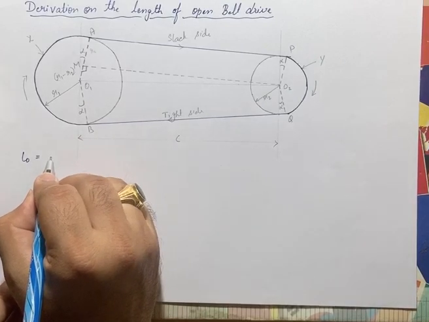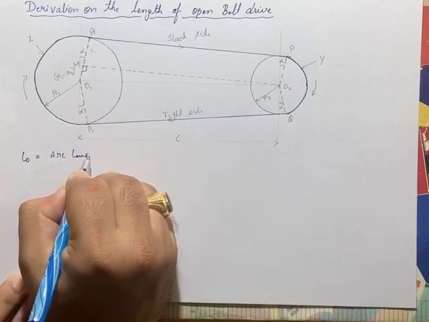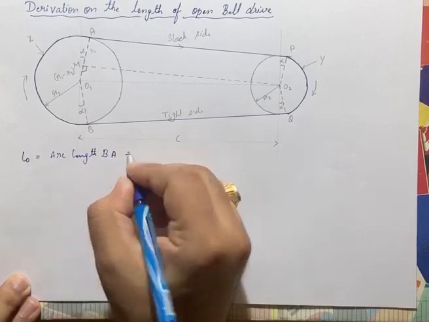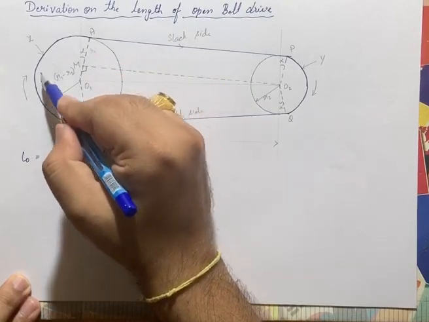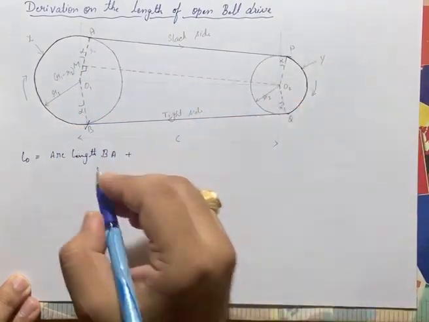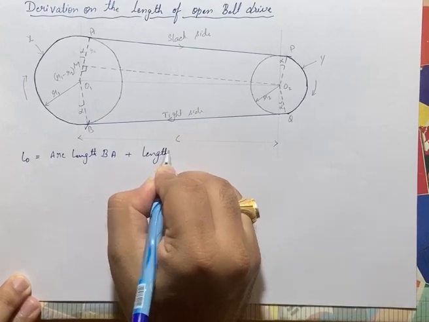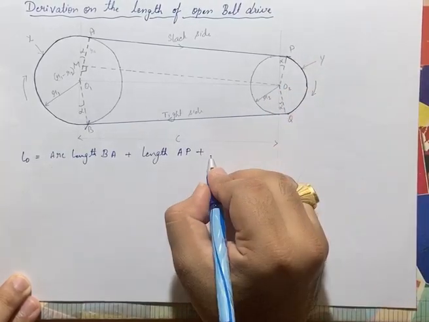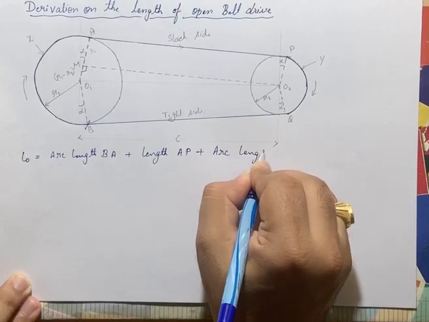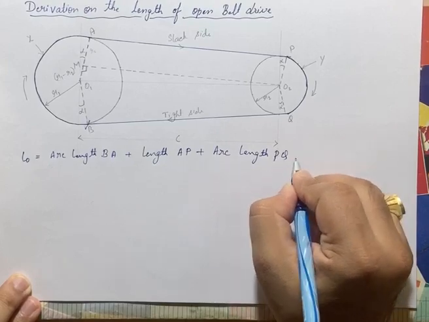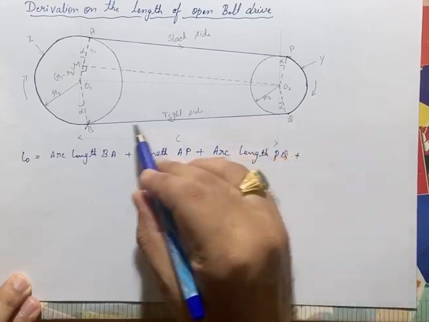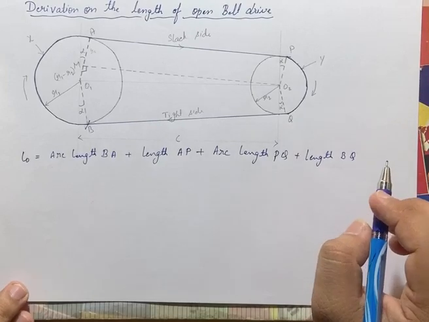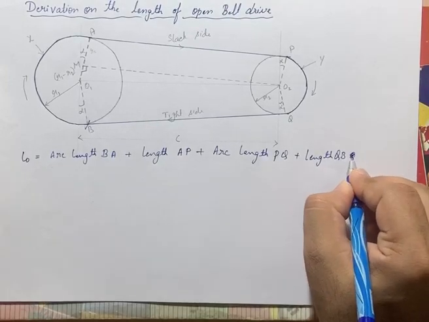LO is the arc length BA, plus length AP, plus the arc length PQ, plus length QB here.